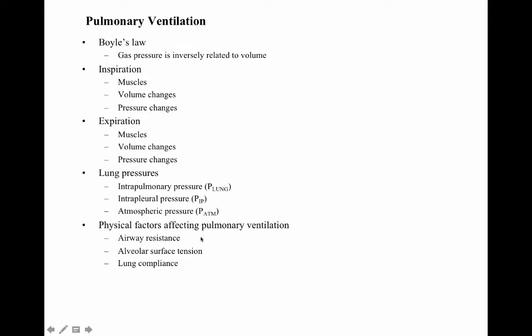Some physical factors affecting pulmonary ventilation are airway resistance, alveolar surface tension, and lung compliance. We need a good open airway, we need alveoli that don't stick to each other, and we need lungs that are more elastic and able to comfortably move oxygen in and out of themselves.